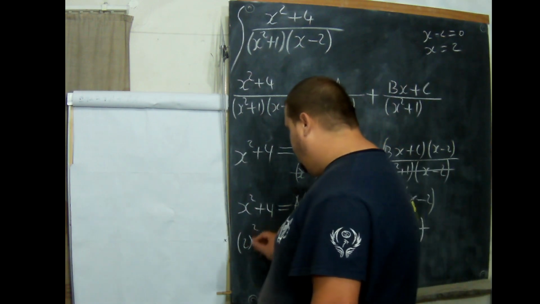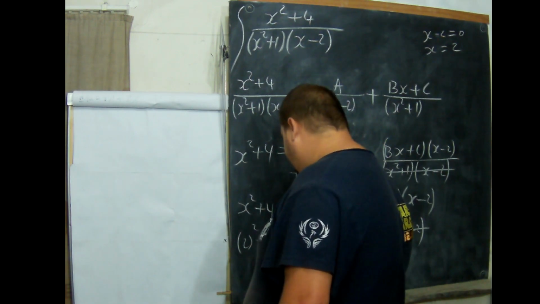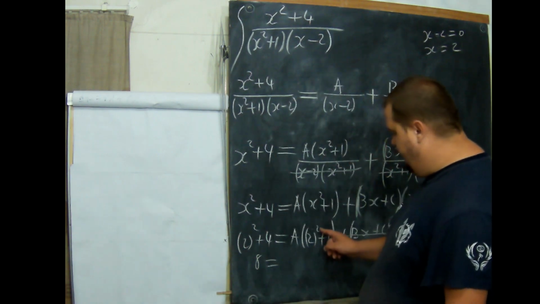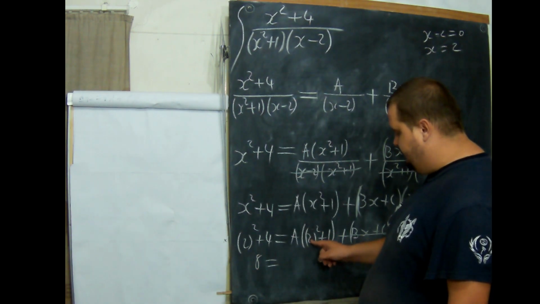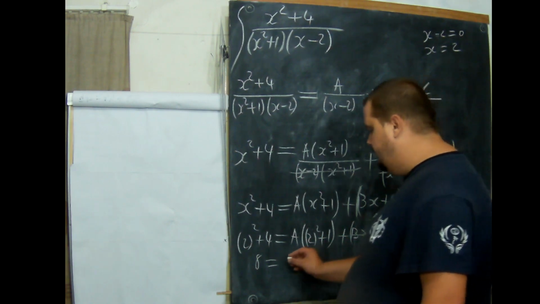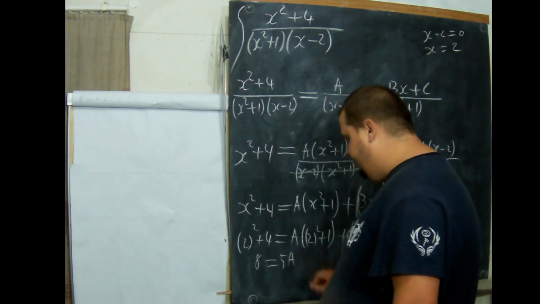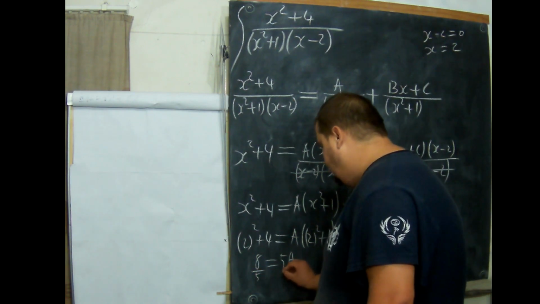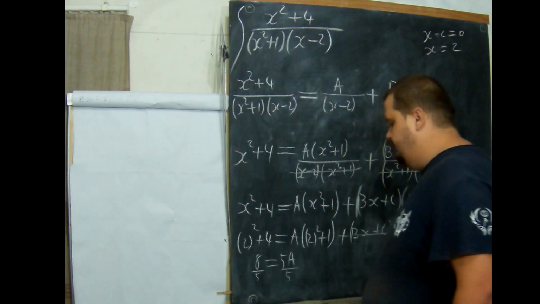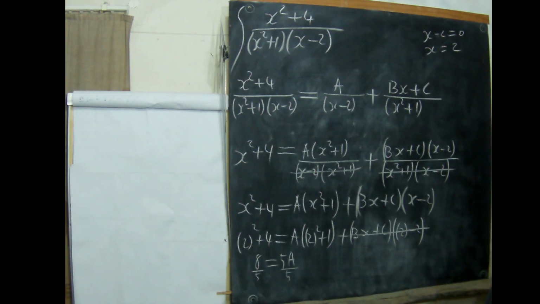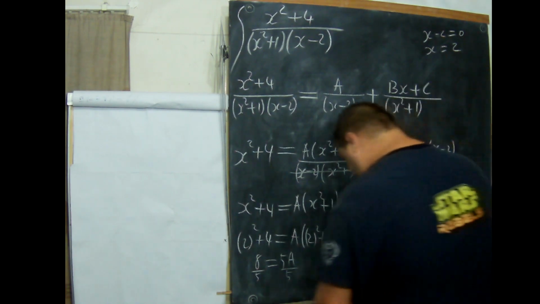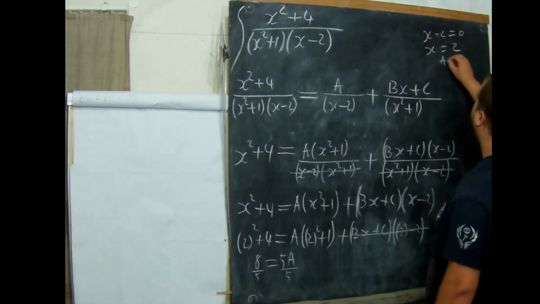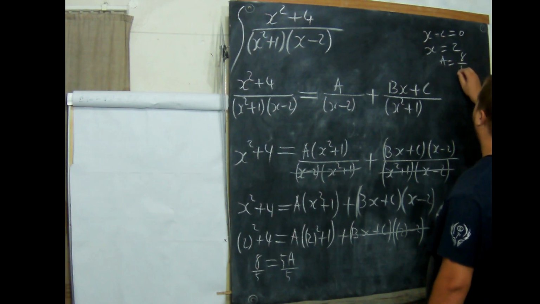So 2 squared is 4, plus 4 is 8. And what's in front of A? 2 squared is 4 plus 1 is 5. So it's 5A. Then it is 8 over 5. A equals 8 over 5.